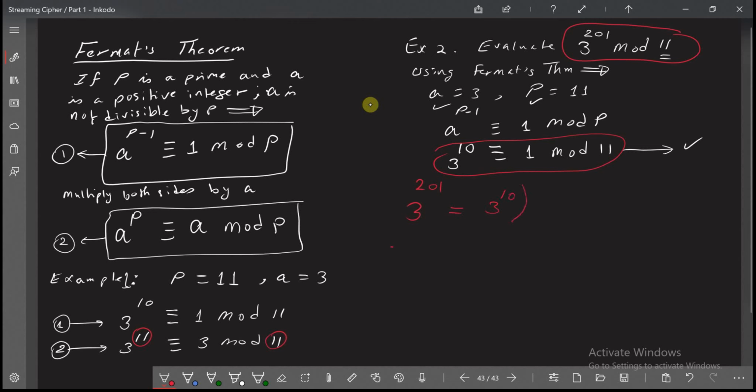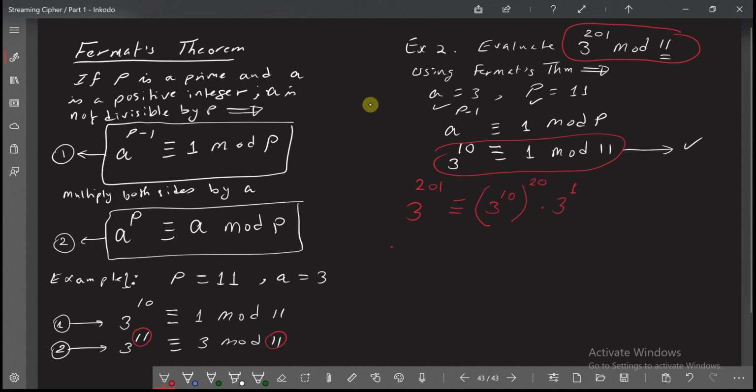Now if we raise the whole thing to the power 20, that's 200, and then we multiply by 3 to the power 1, of course, this will be equivalent. In terms of exponentiation, this is 10 times 2 plus 1, that's 201.